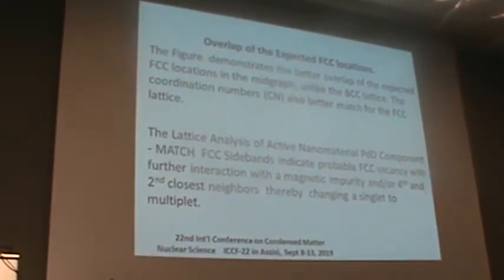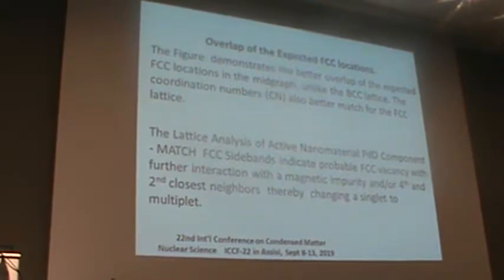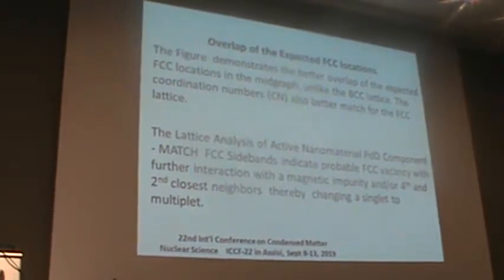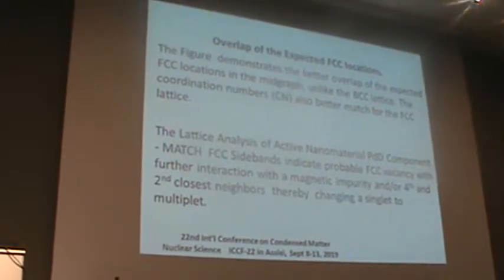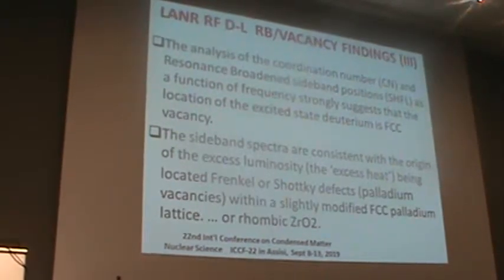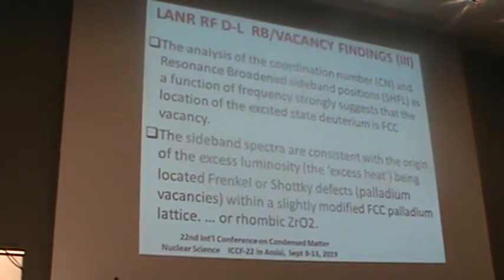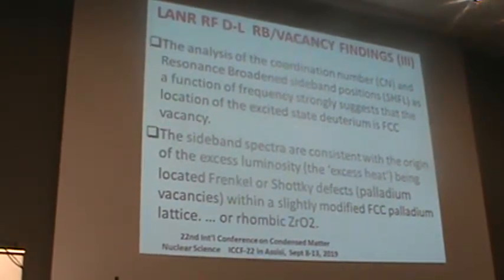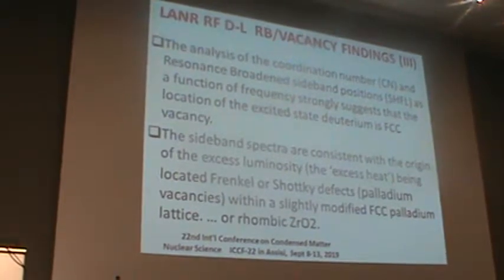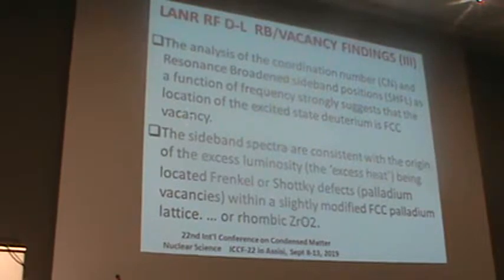Some kind of interaction is occurring at the second closest neighbor. Either there's a substitution of a paramagnetic ion, some kind of magnetic interaction. We're really not sure which. But it does tell us the following. It suggests that the location of the excited state of the deuteron is a face-centered cubic vacancy where this active site occurs.